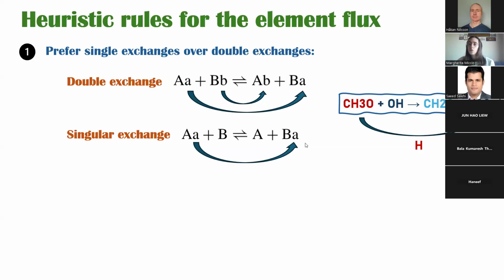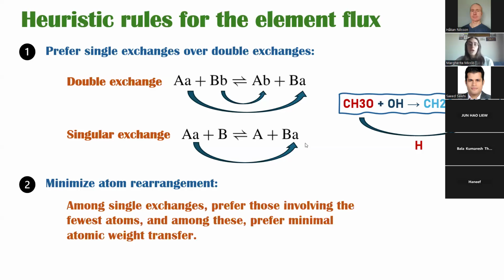So using this rule, we can now really track where the hydrogen is coming from, while before we had some ambiguity. We didn't know which interpretation to choose. The second heuristic rule is that we should minimize the atom rearrangement.